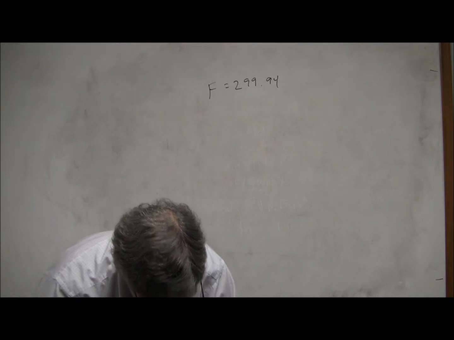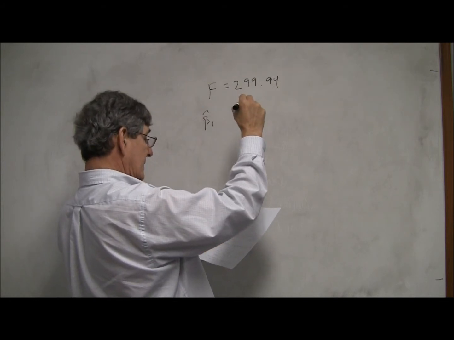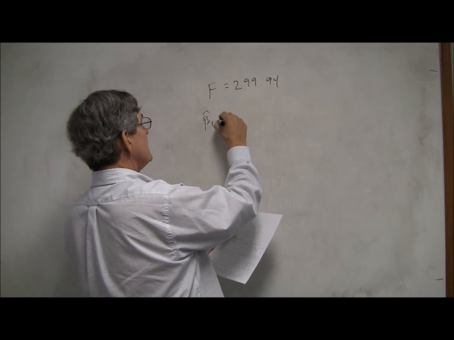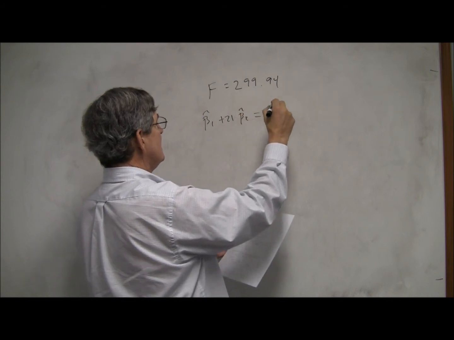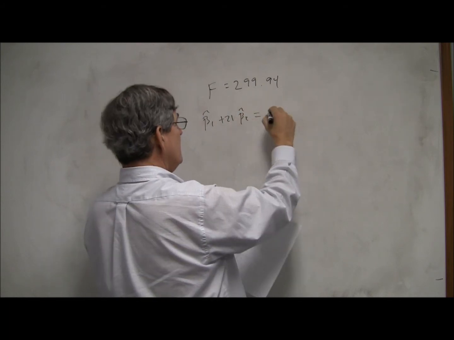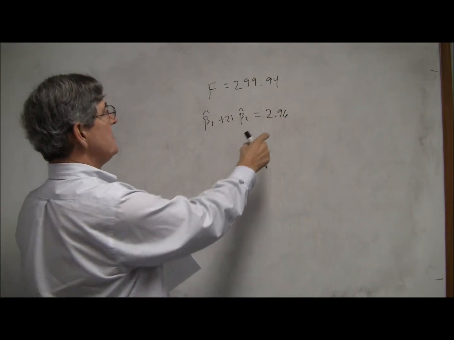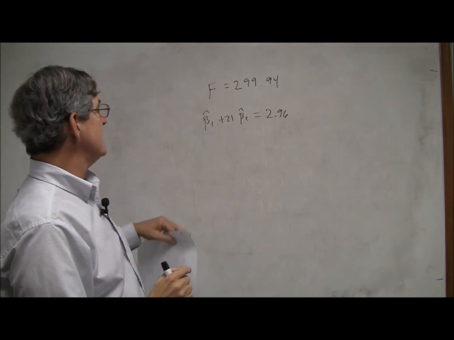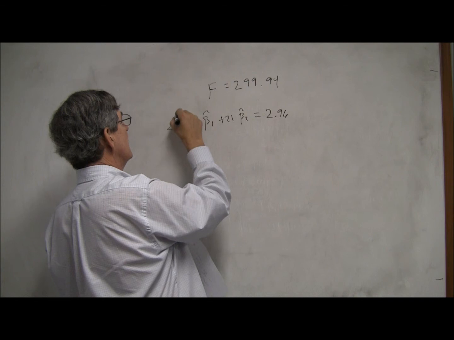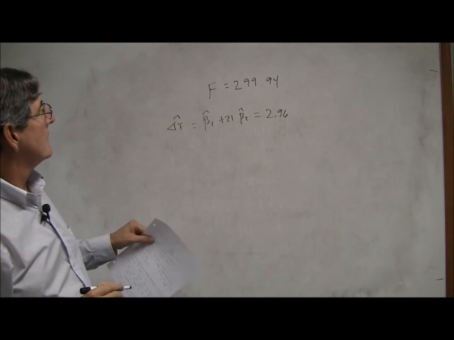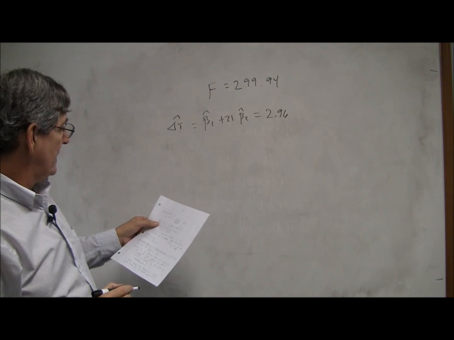And we showed a few minutes ago that beta 1 hat plus 21 beta 2 hat is equal to 2.96. Go back and look, we actually worked out this 2.96 number, and this is delta y hat.